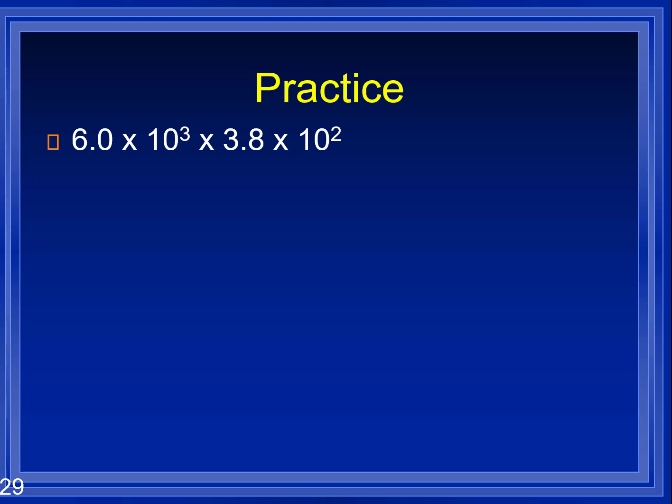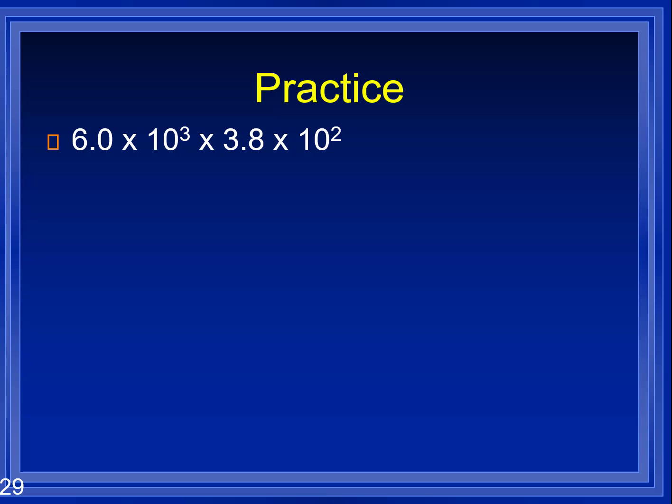So 6.0 times 10 to the third times 3.8 times 10 to the second. So push along with me. 6.0 magic button 3 times 3.8 magic button 2 equals.